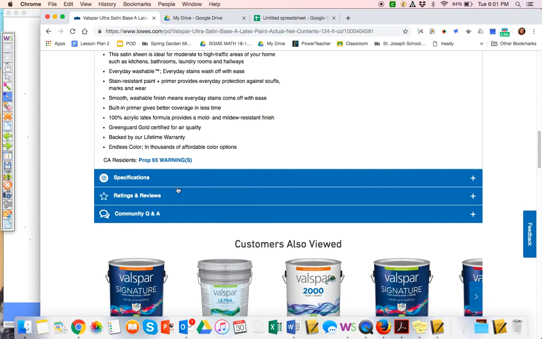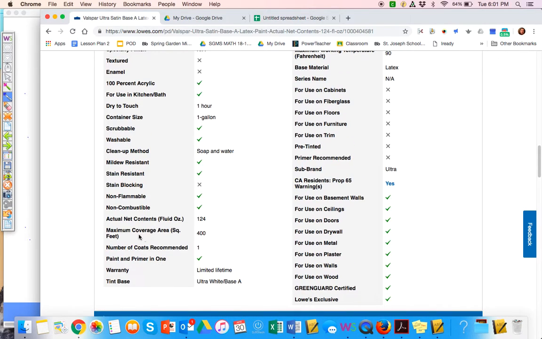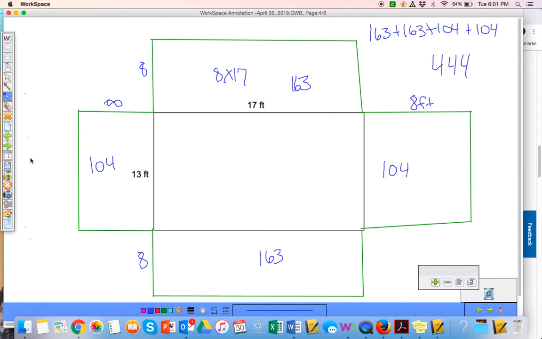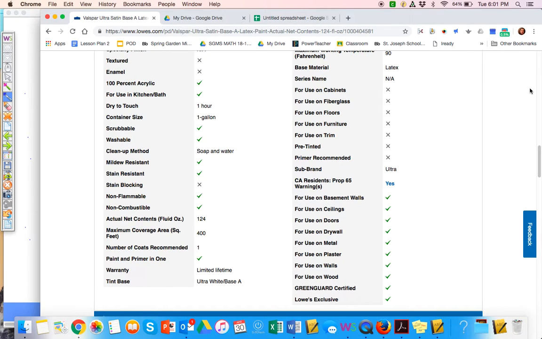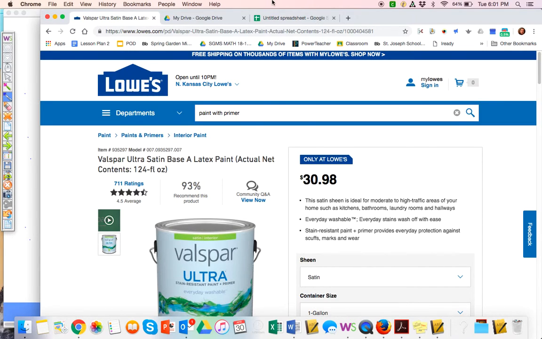So if you go down to the specifications and you look down here, it says maximum coverage area is 400 square feet. So we figured out that our room is 444 square feet. So that means that I have to buy 2 of these gallons of paint.